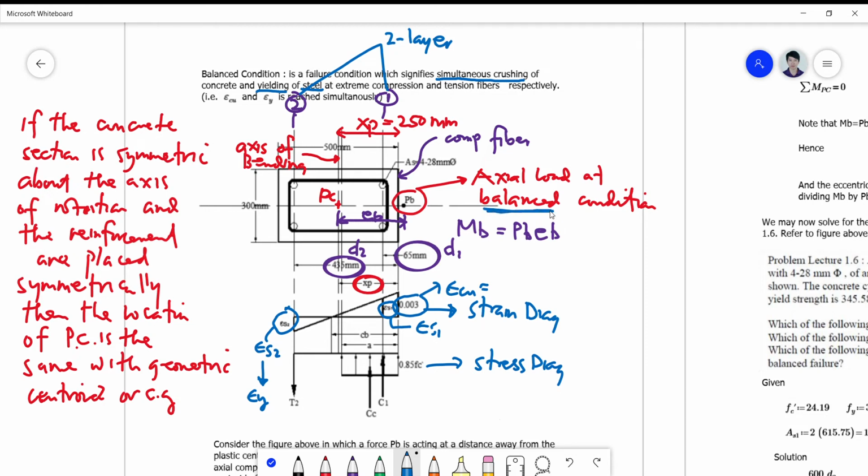Okay, it's only at the balance condition that this is fairly automatic, because there is simultaneous crushing and yielding. So at balance condition, epsilon S2 is always epsilon Sy, but epsilon S1 may or may not yield. Okay, so remember that.